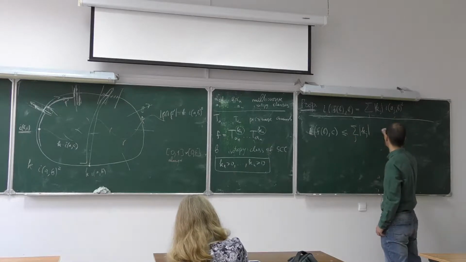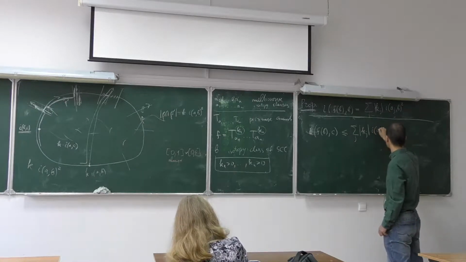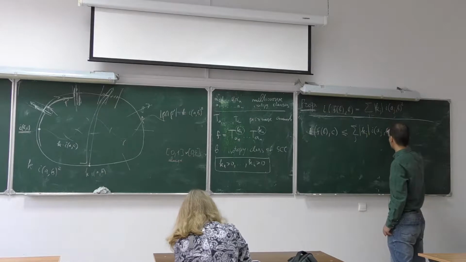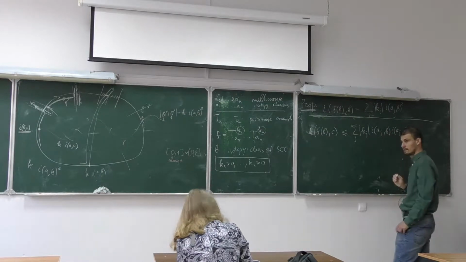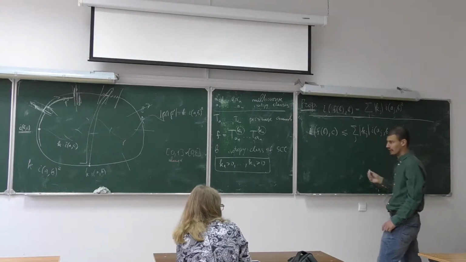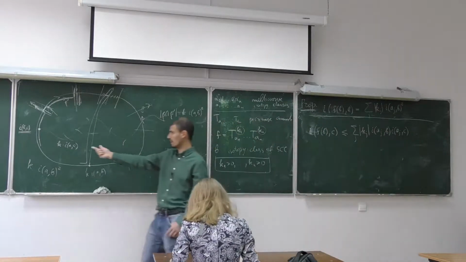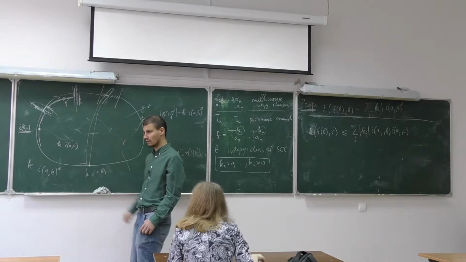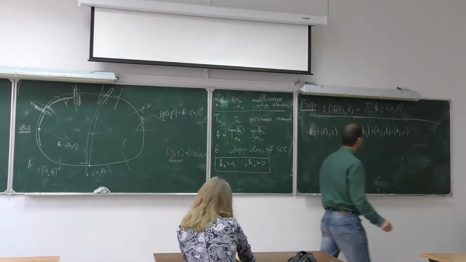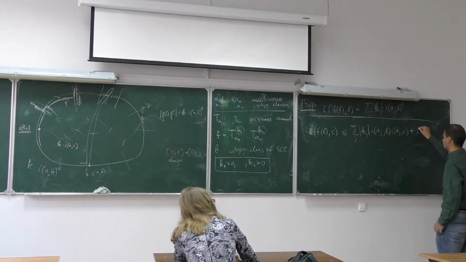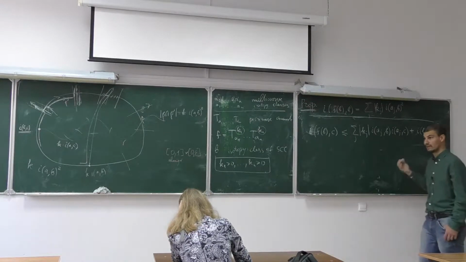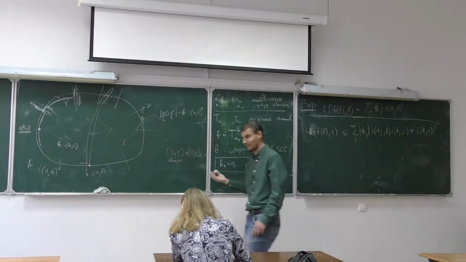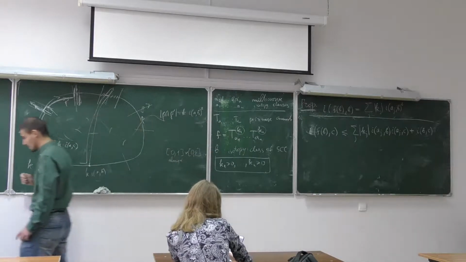Here we do not need that they are of the same kind. We need to take this one times this one. Again, if we have several alphas, then we just take the sum, plus the number of intersections from the very beginning. Okay.